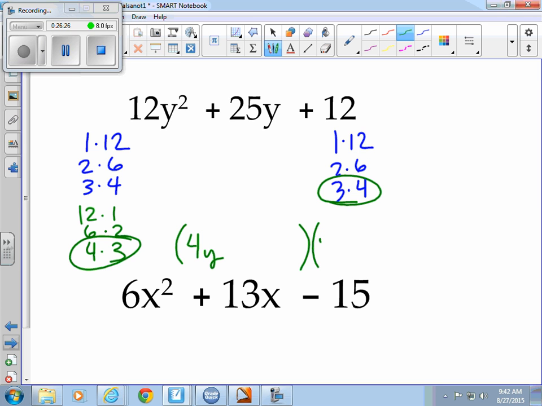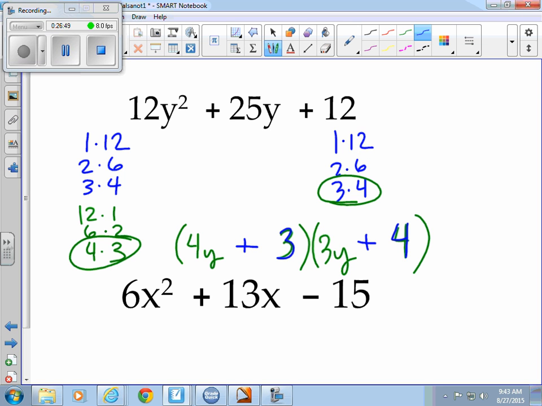4y and 3y, and 3 and 4. Remember, the green ones go in front. I'm actually going to make those blue so you see that. And the blue ones go in front. And what are the signs? Both positive.